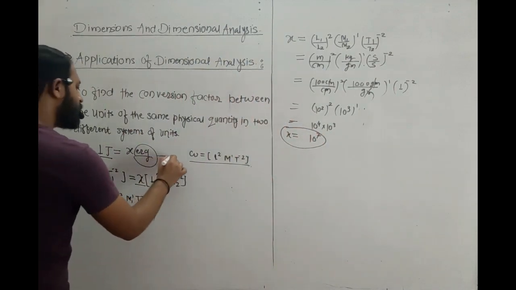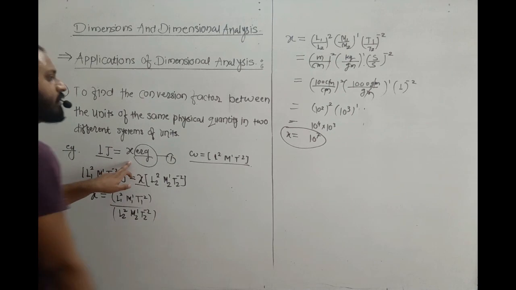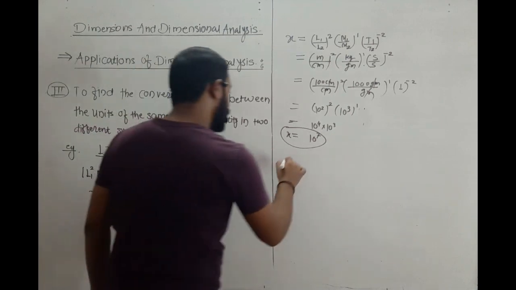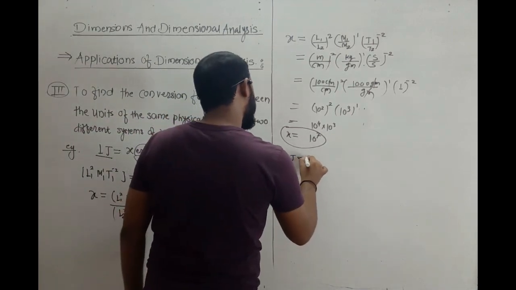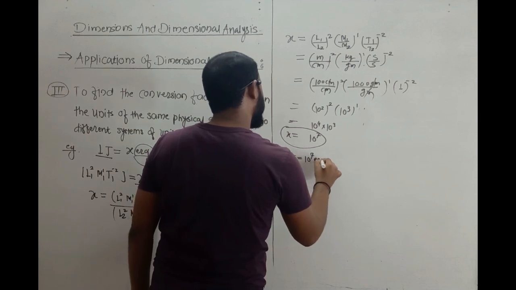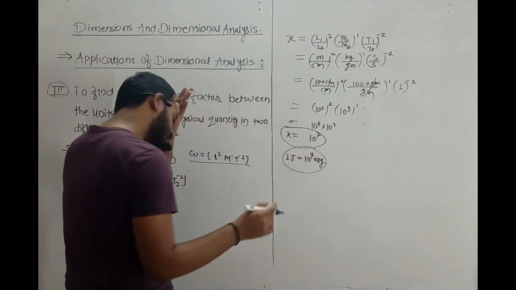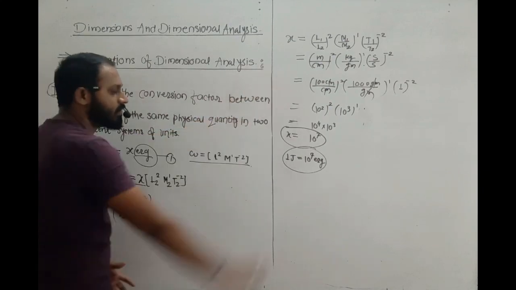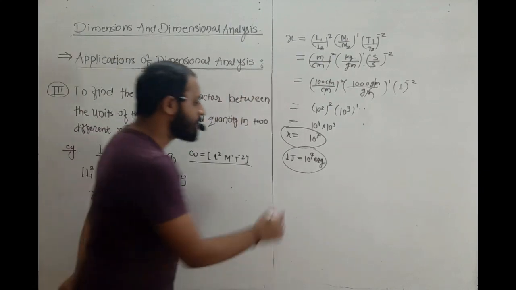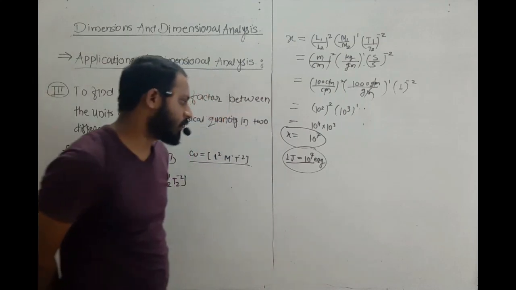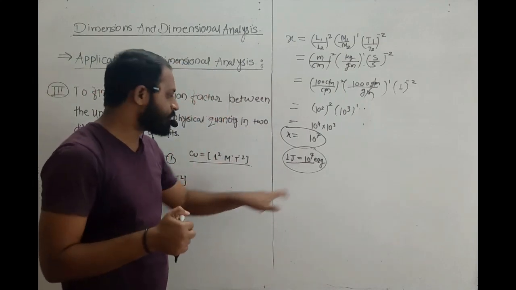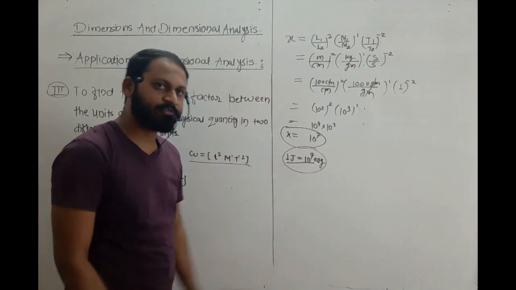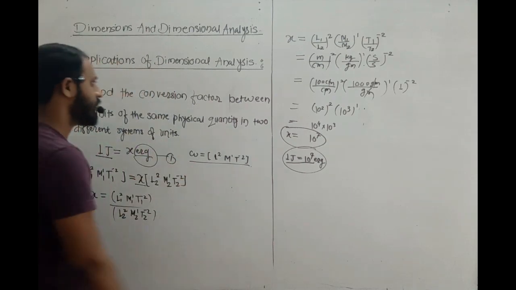That's why in place of x, now I can write 10 power 7. Therefore, 1 joule equals 10 power 7 erg. Okay. Using the dimension analysis, I can find out the conversion factor between the two different units of the same physical quantity.